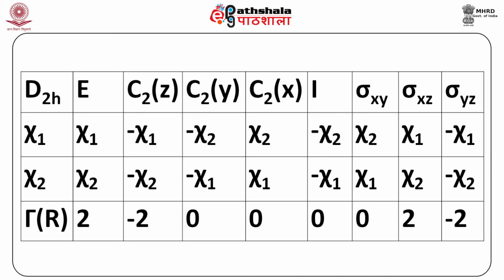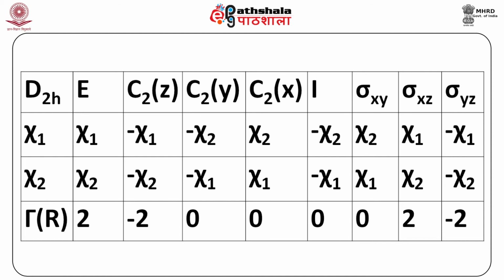And similarly, you can go through chi2 and you will find that under the various operations, chi2 sometimes remains the same, sometimes reverses sign, and also changes position with chi1. To get the reducible representation, we only count the number of orbitals which are unchanged. For example, in E, chi1 is unchanged, chi2 is unchanged. So there are 2 unchanged orbitals.